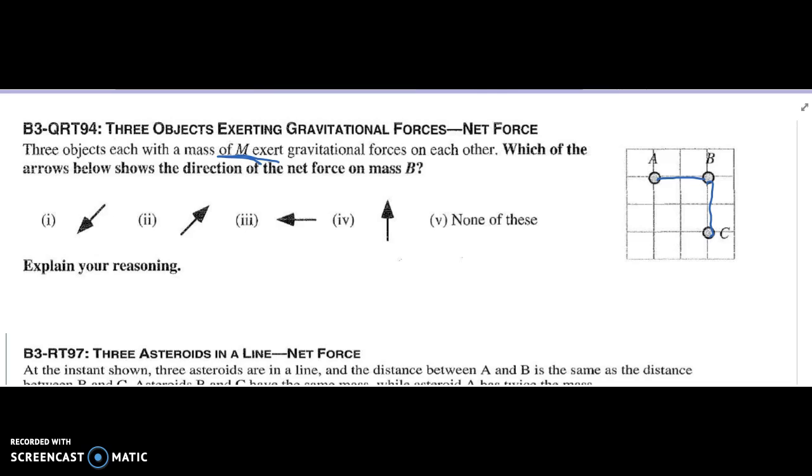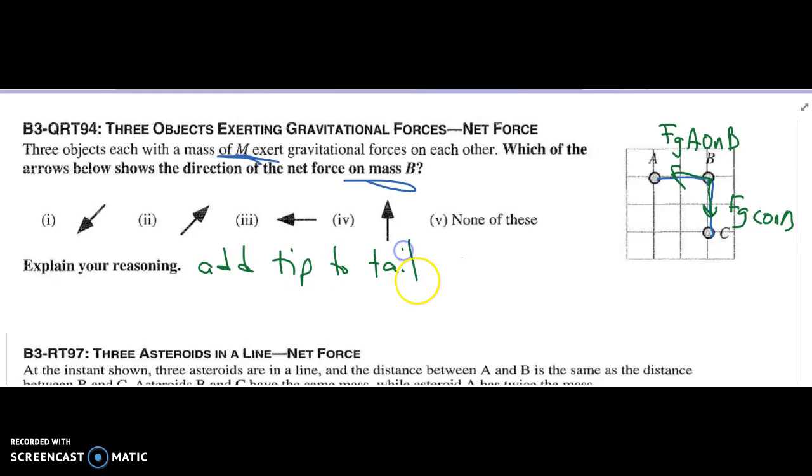Okay? So let's draw a free body diagram on B. What are affecting B? Well, the first force I have affecting B is the force of gravity of A on B. The other one I have is the force of gravity of C on B. How do those two compare? Well, we said they have the same mass, same distance, so those will be the same. Now, these are vectors, so hopefully you remember, you add vectors tip to tail.